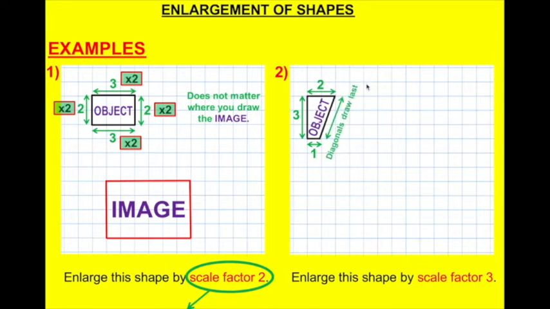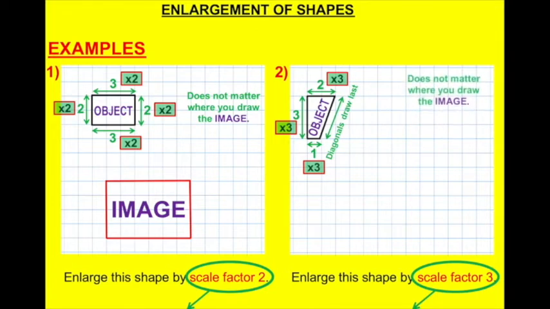And just a note, for the diagonal, we will draw this last. So enlarging by scale factor 3 means multiply all lengths by 3, and again it doesn't matter where you draw the image at this stage.